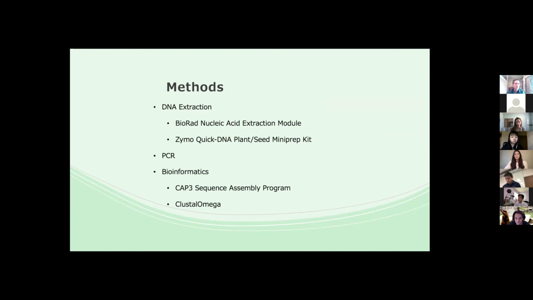Now, the methods that I used throughout this research: I began with DNA extraction, or at least attempting it, with the Bio-Rad nucleic acid extraction module and the Zymo Quick-DNA Plant/Seed Miniprep kit. I say attempt because I was only able to get DNA with a good concentration and a good purity from the Zymo kit one time, and that was the very first time I did it.